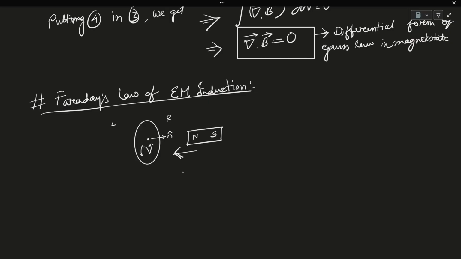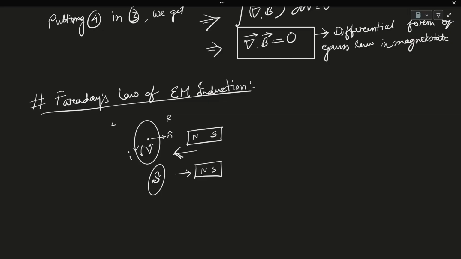And if we try to move this away from the loop, this is the n side, then for this loop there will be a south polarity developed. This will produce some attraction force between this loop and the bar magnet. So if we have to move this bar magnet away from the loop, then we have to do some work, because this north and this south pole will attract each other. Similarly for the south pole it will be opposite. Okay, so I hope you know that. And this is the direction of current flow.